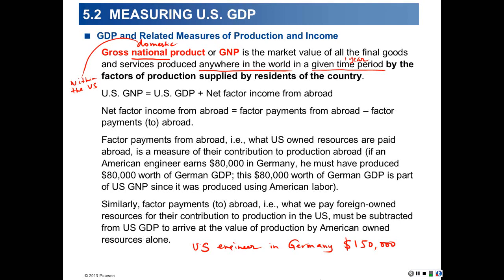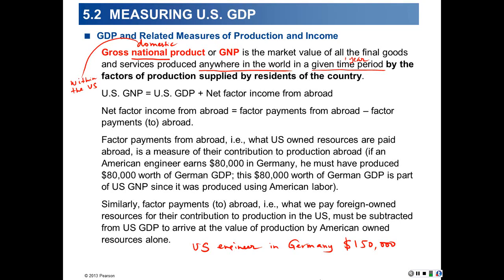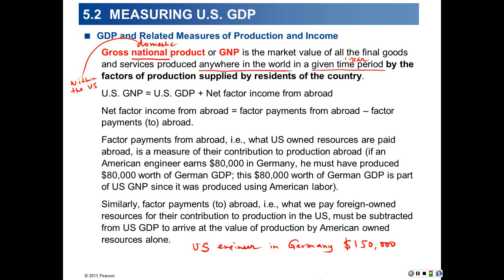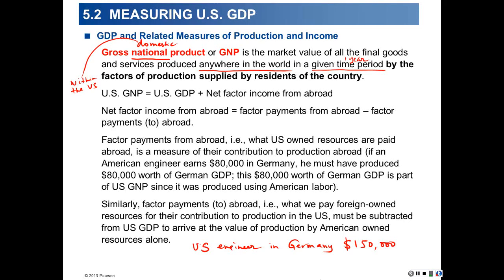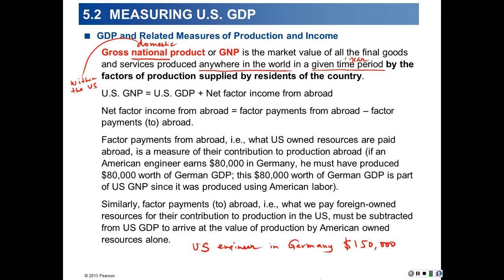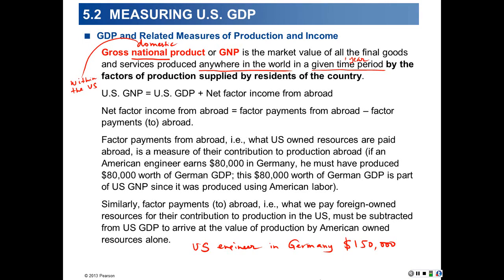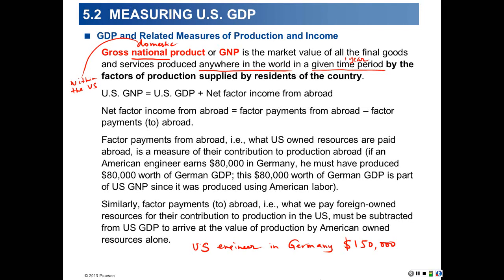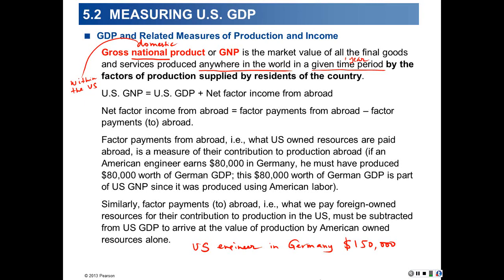Correct? How do we figure out just how much he made in Germany? How do we figure out his contribution to German GDP, in other words? Because whatever that contribution is part of our GNP, because he is an American resource. Am I understood here? Right? GNP is the value of all final goods and services produced using American resources anywhere in the world.